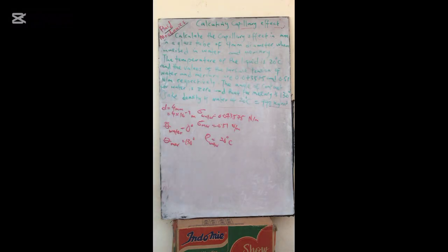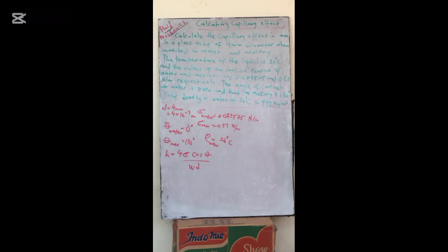So here, when calculating for capillary effect, we have the formula. The capillary effect h equals 4 multiplied by the surface tension, then cos the angle of contact, divided by w d. So what is that w that is there?